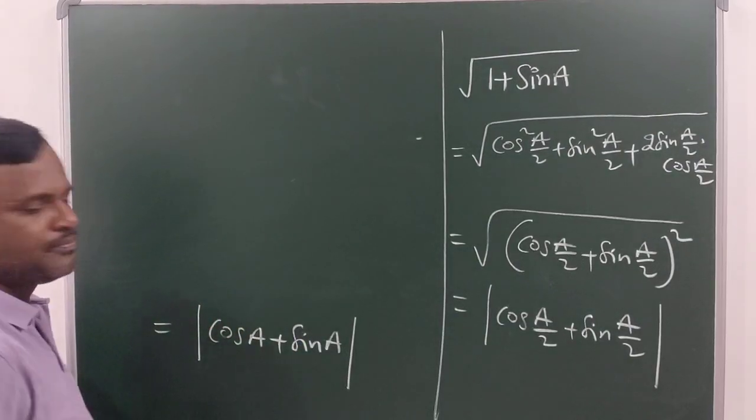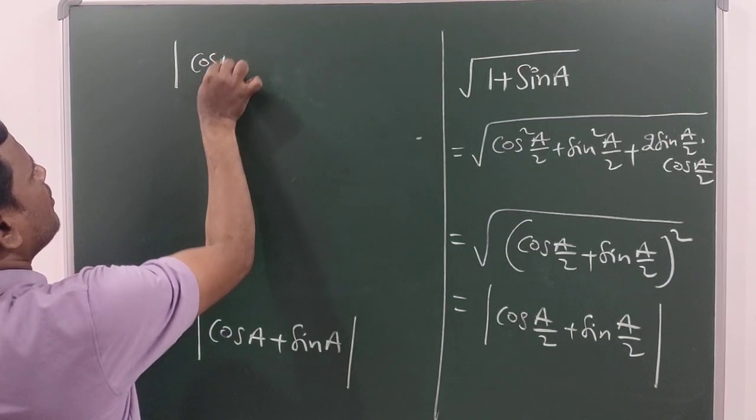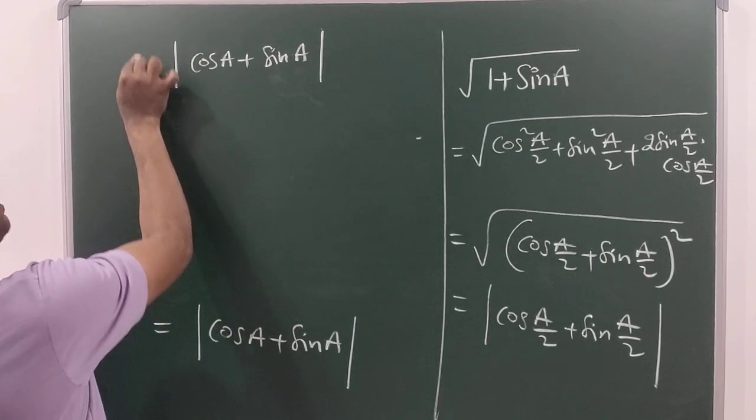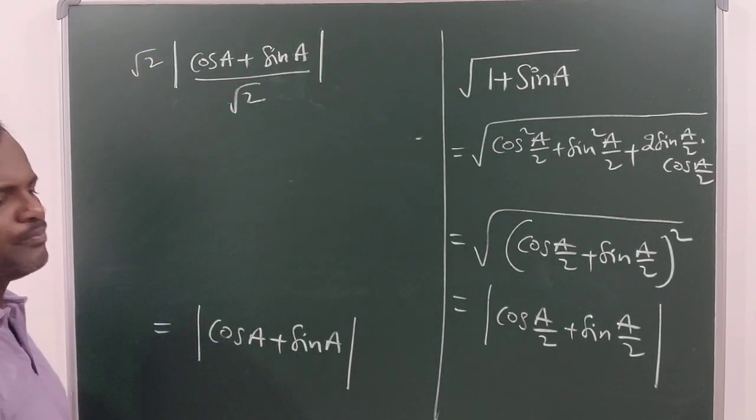See here, mod of cos a plus sin a. Now in the numerator and denominator, I would like to write root 2.